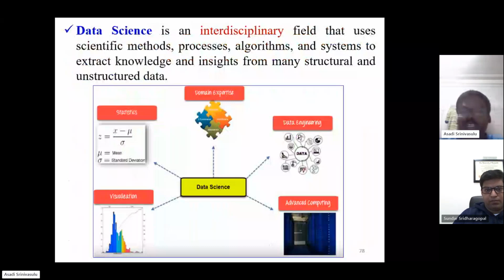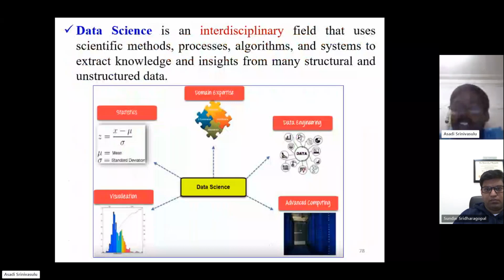Then we have data engineering and what kinds of data you are handling, whether structured, unstructured, semi-structured. Then how do you store the data? That's why we are going for advanced computing like cloud computing. Cloud is an internet-based technology, and without internet, you cannot access any kind of information or any kind of service-based application.